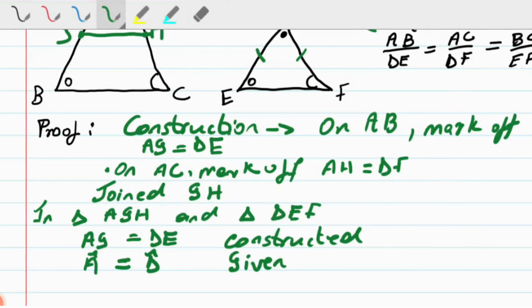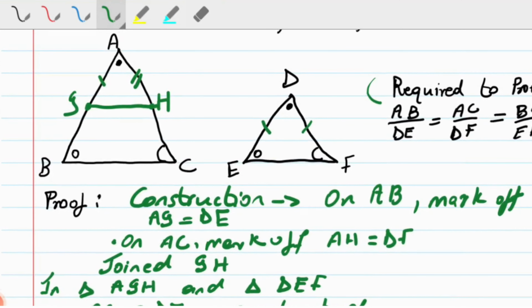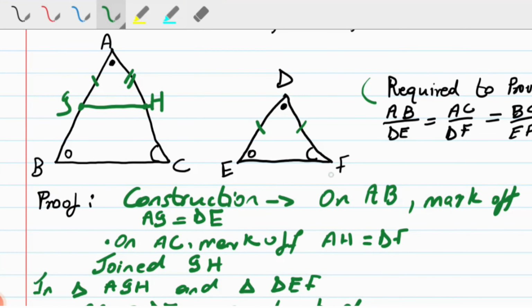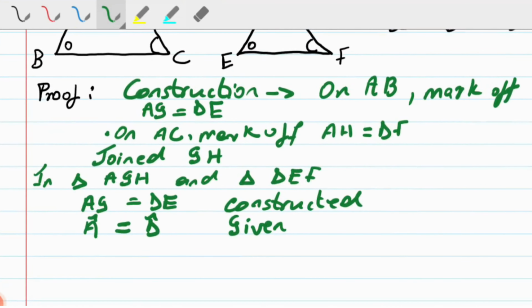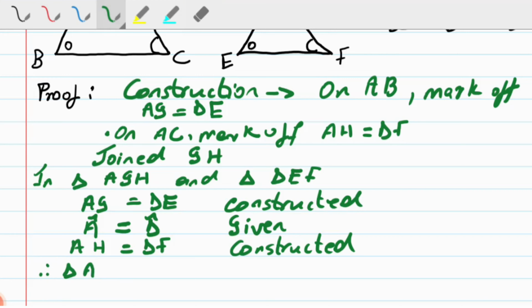And thirdly, AH is equal to DF. That is what we constructed. Great. So at this stage, triangle AGH is congruent to triangle DEF.